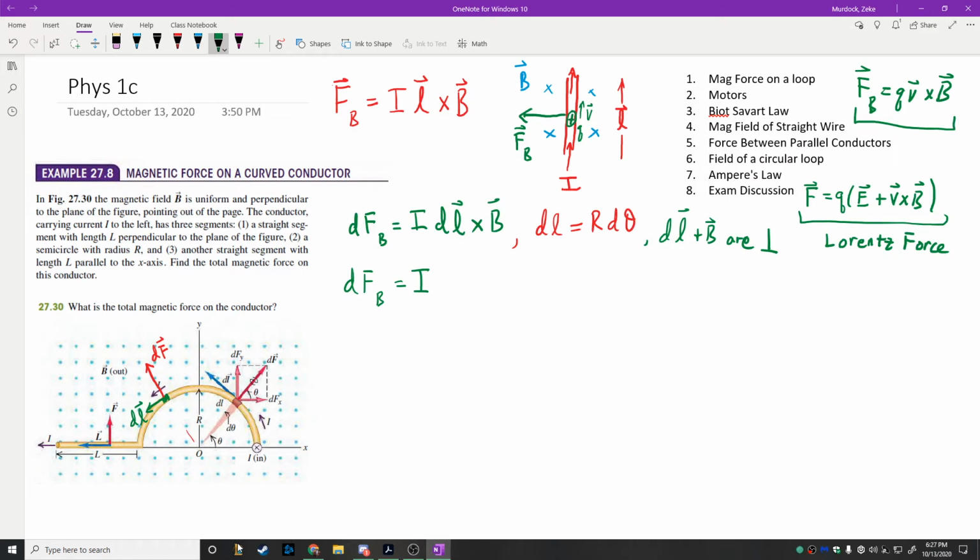dl is always going to be in the plane of the page, so it's guaranteed that since the magnetic field's coming out of the page, that they'll always be at right angles to each other. So we can reduce this dl cross b down to just basically dl times b, or in this case, I replace dl here with r d theta, times b.